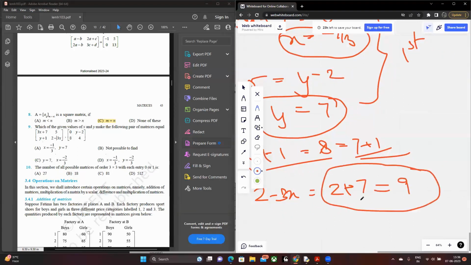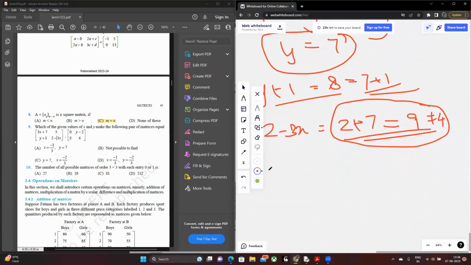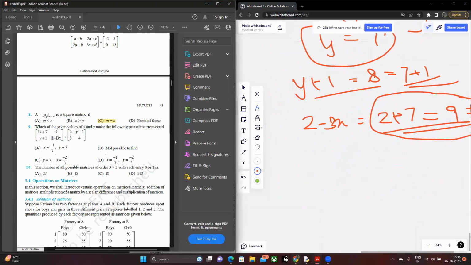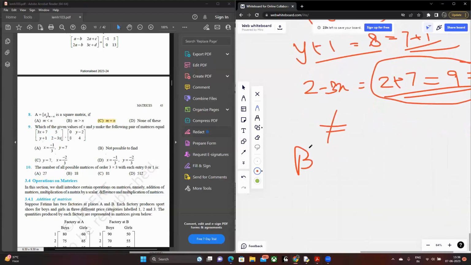But this is not equal to 4. So for this value of x that we find, this does not yield 4, but it is 9. Therefore, these two matrices can never be equal. Equality does not hold, therefore you can't have a solution. B is your answer.